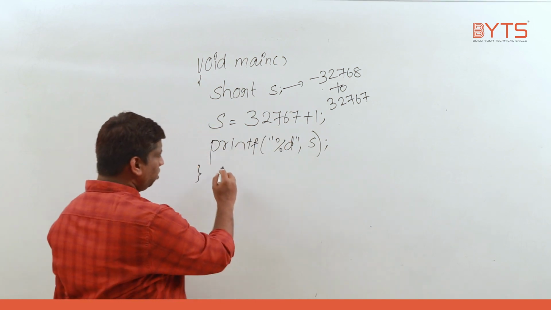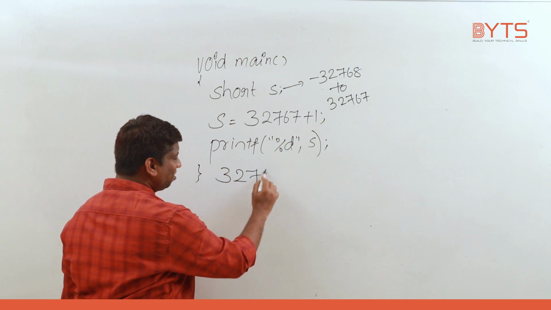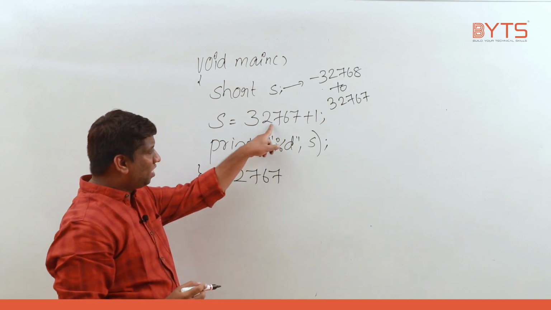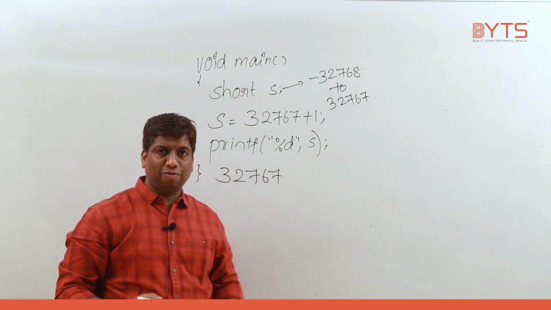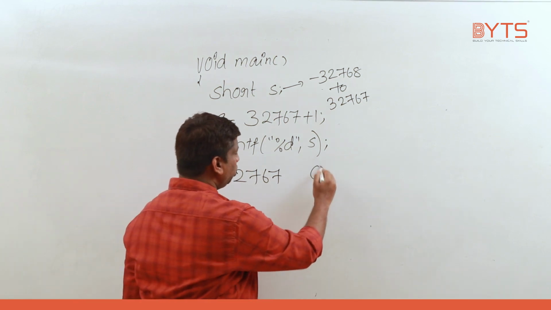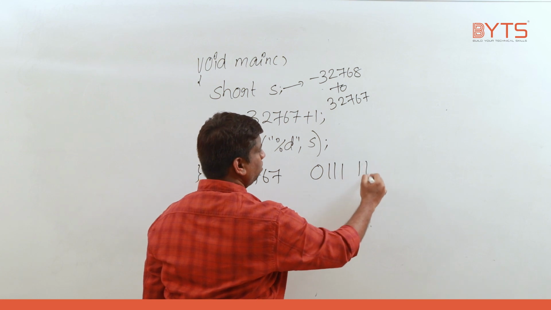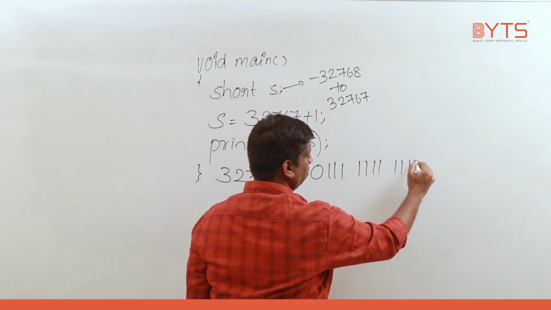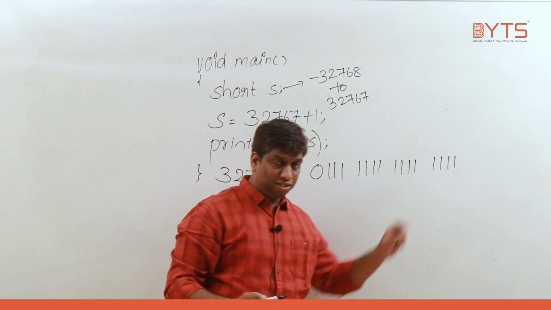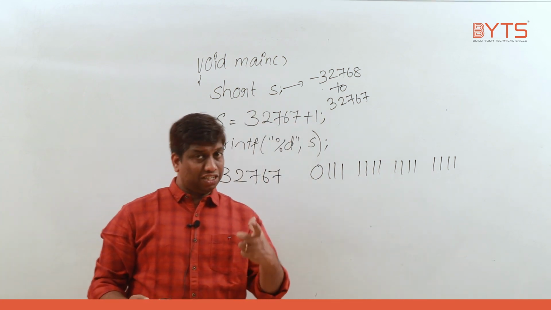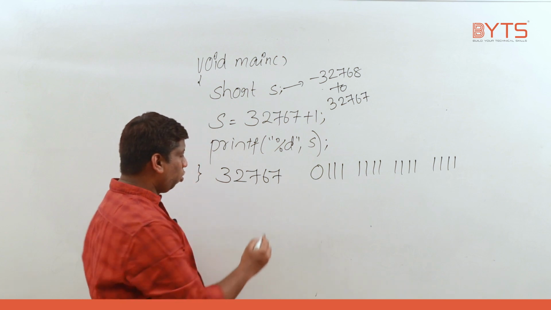See here, 32767. 32767 is what? Maximum. What is the binary representation for maximum? 0 followed by all ones. Why are we using 15 ones? Because integer is 16 bit. Now I need to take 1.